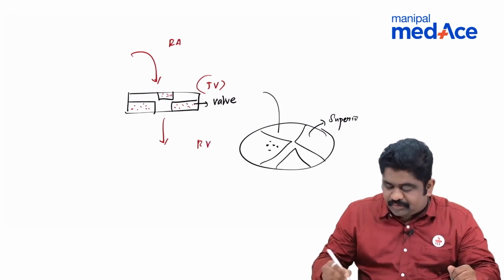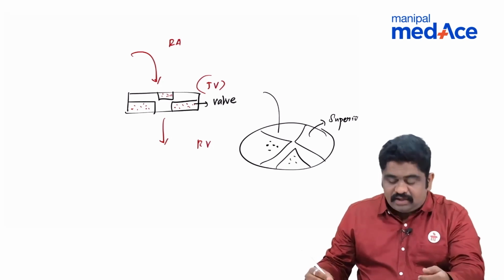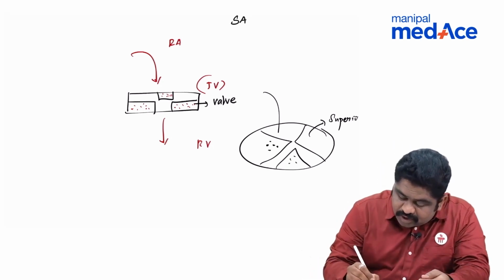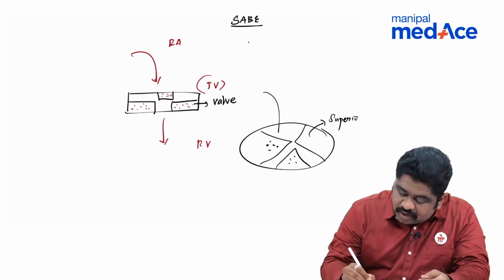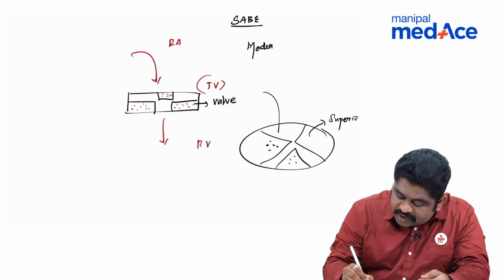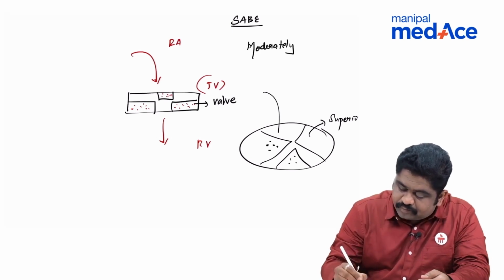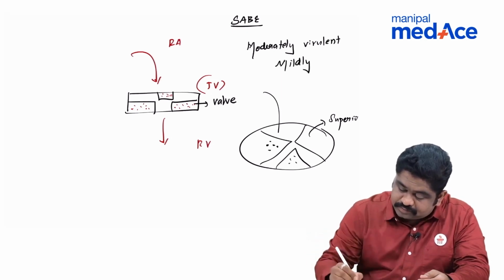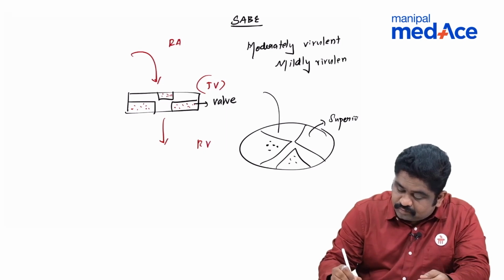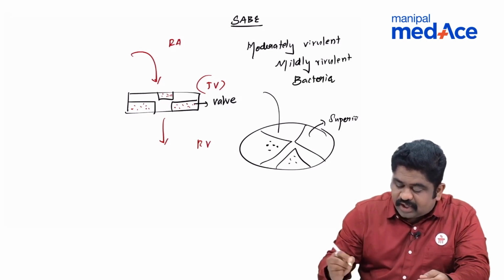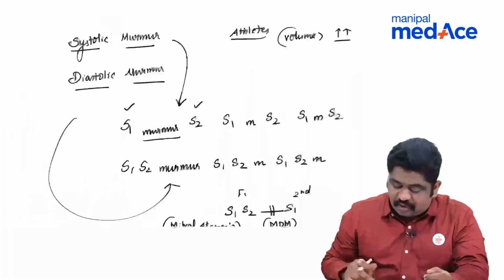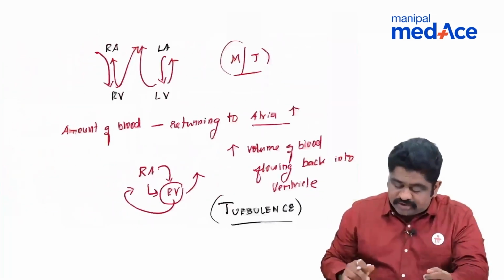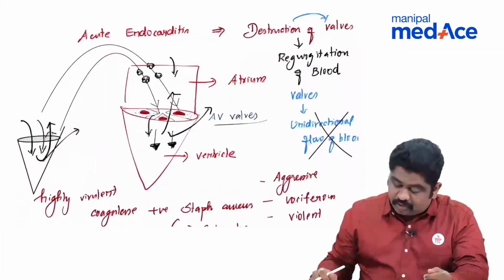you will be having bacteria settling here. Now, what kind of bacteria are they? In case of subacute bacterial endocarditis, you are dealing with moderately virulent or mildly virulent bacteria. What does it mean? They will not have the same propensity and virulence as acute bacterial endocarditis causing bacteria like Staphylococcus aureus.